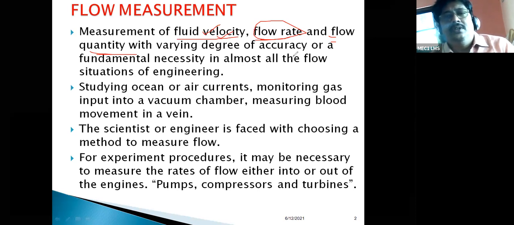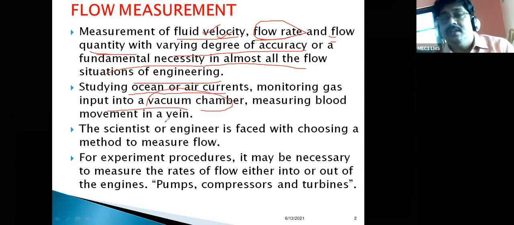So this, with varying degrees of accuracy, is a fundamental necessity in almost all flow situations of engineering. It is studied in oceans or air currents, monitoring gas input in a vacuum chamber, and measuring blood movement in veins. Here, see blood pressure, right? We are measuring with the help of one device.